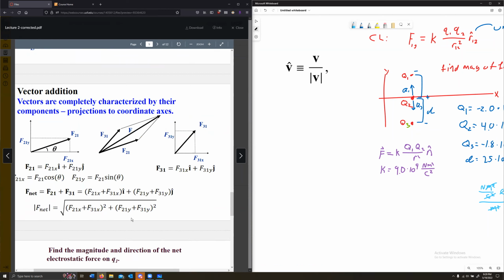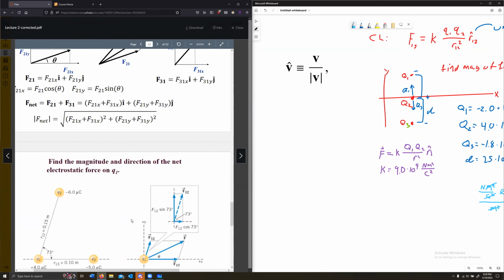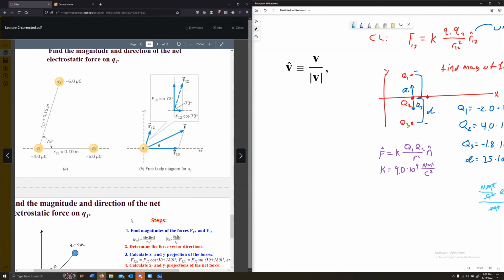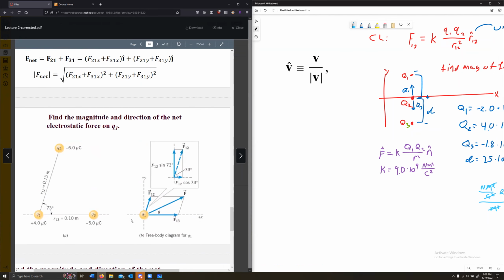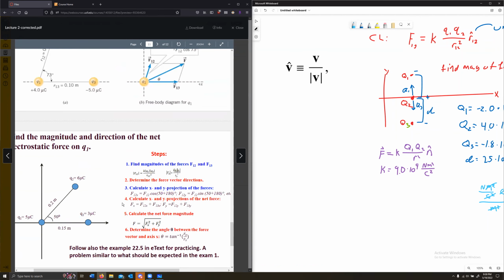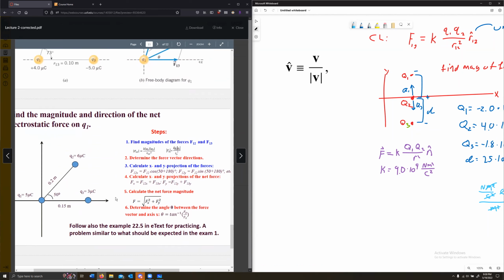Gotcha. Vector addition. Where's the example question that we did? Was it this one? Vectors are completely characterized by their components. Oh, it is. Okay.